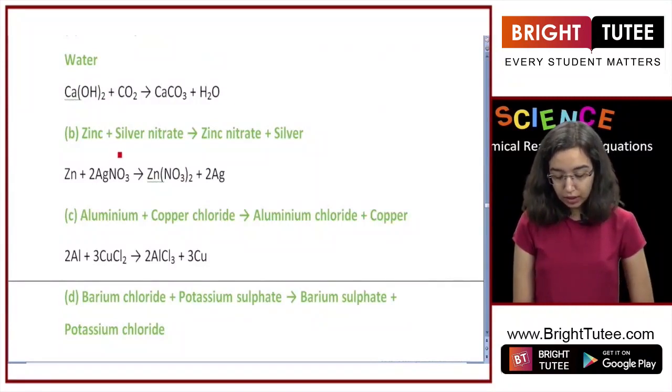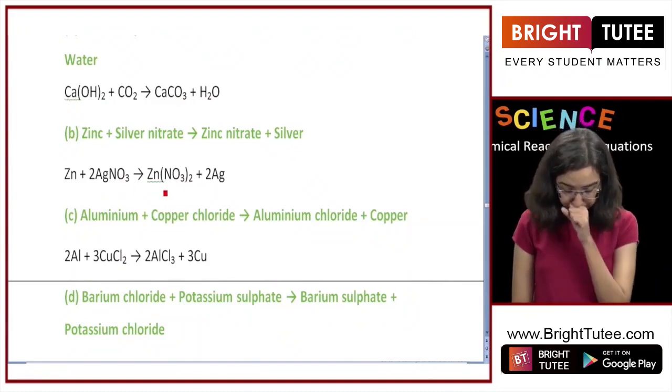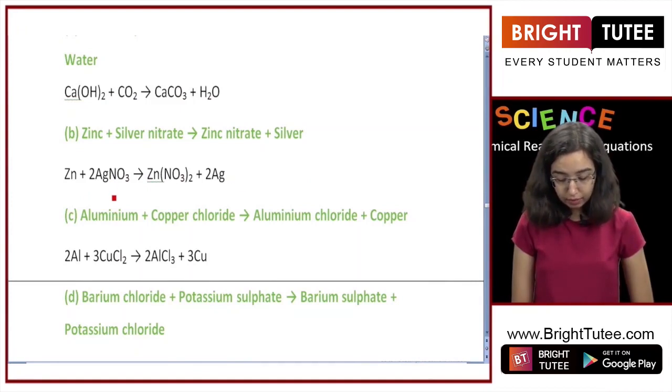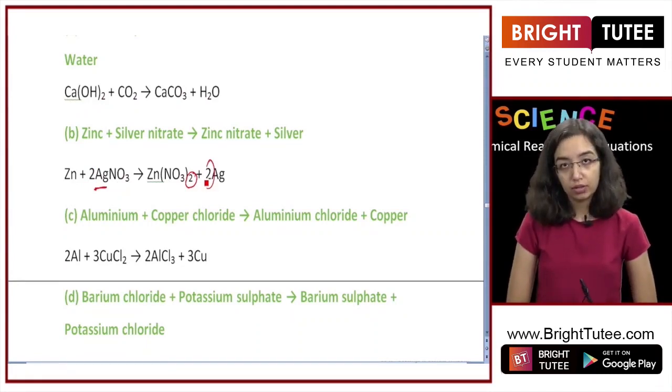For the case of zinc reacting with silver nitrate and forming zinc nitrate and silver, the reaction showed that although zinc and silver were balanced, NO3 was not balanced because it was getting multiplied by 2 here. So we put a 2 here, and because silver also gets doubled, we put a 2 here and the equation gets balanced.